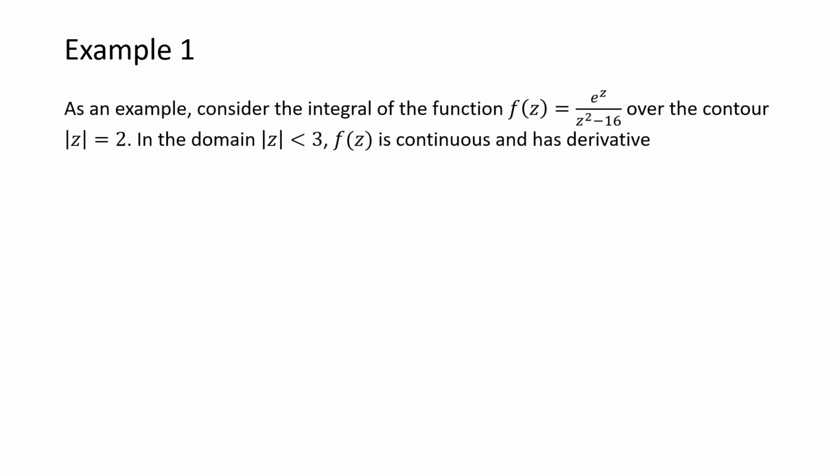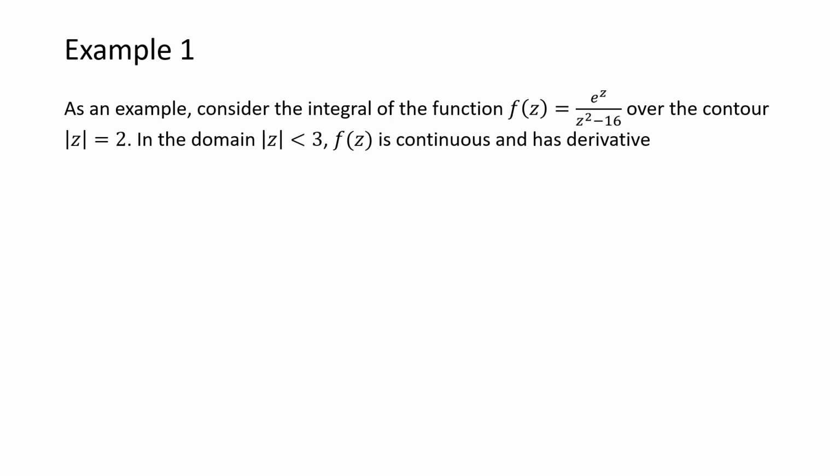As an example, consider the integral of the function f of z equals e to the z over z squared minus 16 over the contour of the modulus of z equals 2, which is a circle centered at 0 with radius 2. And the domain of interest will be the modulus of z less than 3.